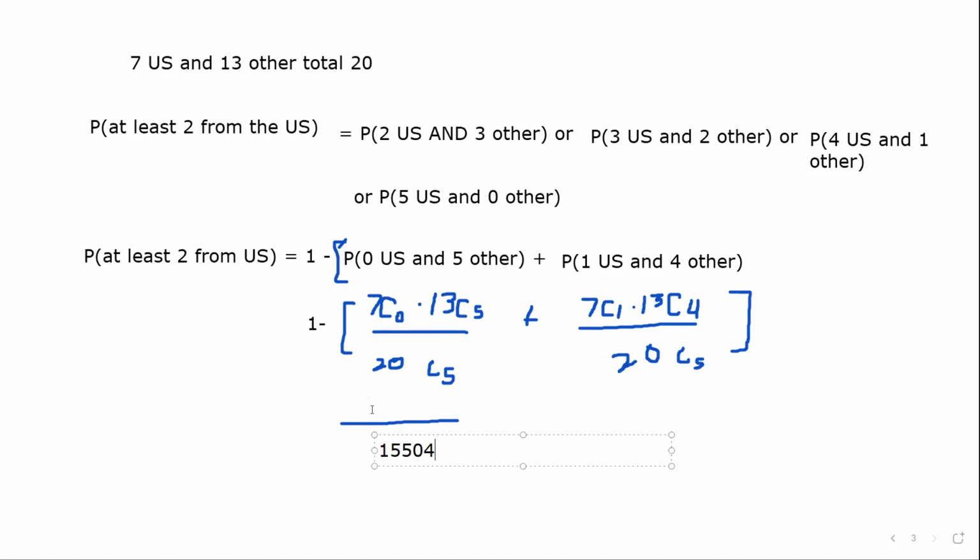And 7 choose 0 is 1 here, times, I'll use the star, times 13 choose 5 was 1287. That's the first piece of this. Now, 7 choose 1, you should find that that's 7.